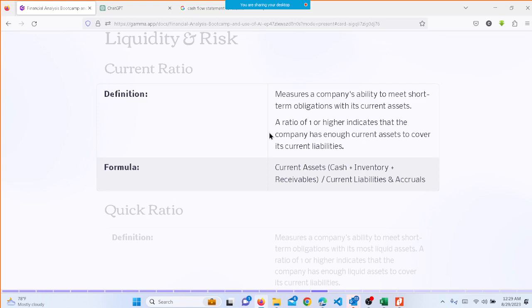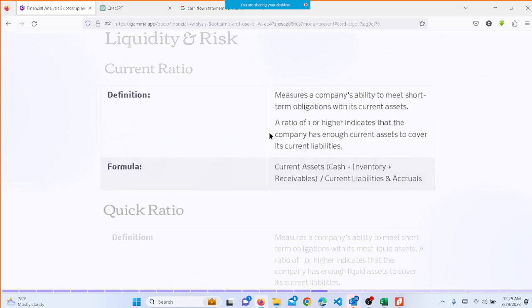If it's less than one, it's very risky, high risk, because in case anything goes wrong and the company's suppliers want to come and collect the money, they will not have enough money in the short term to fulfill their needs. So anything above one is good. The ideal number is two. Anything below one is not really a good number.